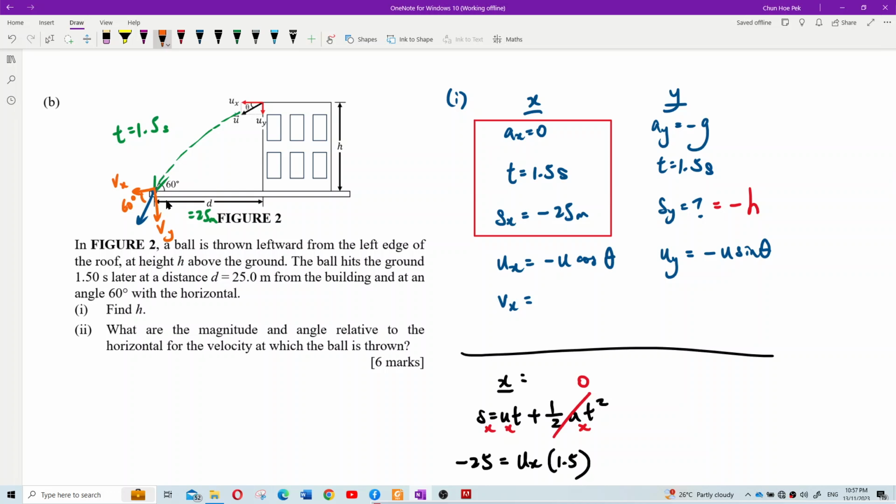So I can put, this is V actually. Vx is negative V cos 60, and then Vy is negative V sine 60.